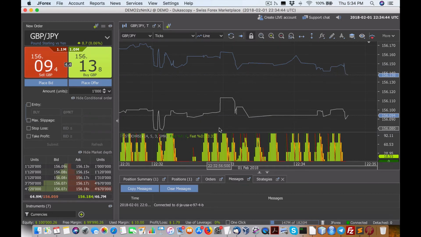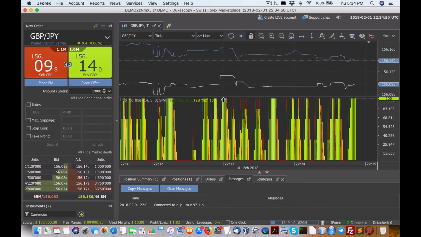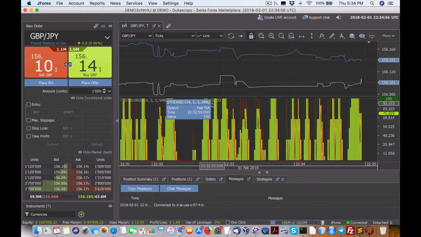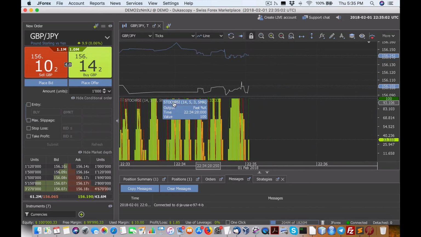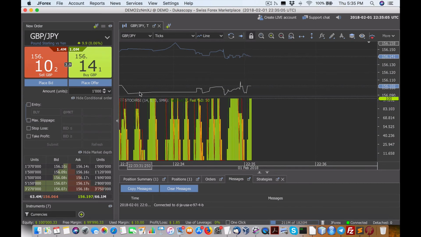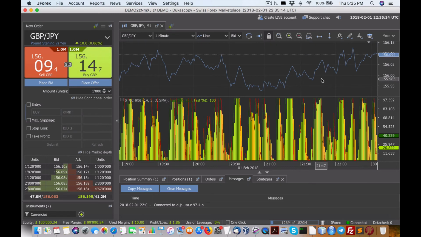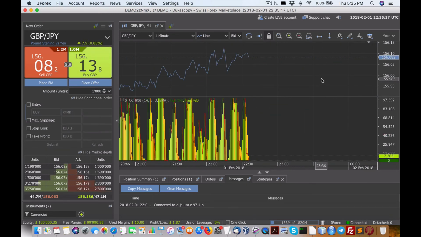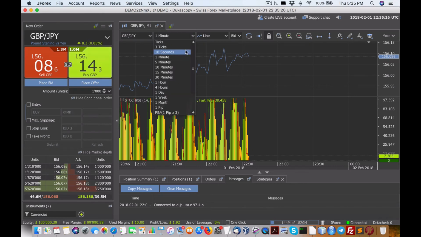Actually, that looks not too bad. Ooh, it may. See, this is a number I gotta work with. See how it behaves on the 1 minute. It's not too bad. Let's go back to the tick, or maybe 10 seconds.